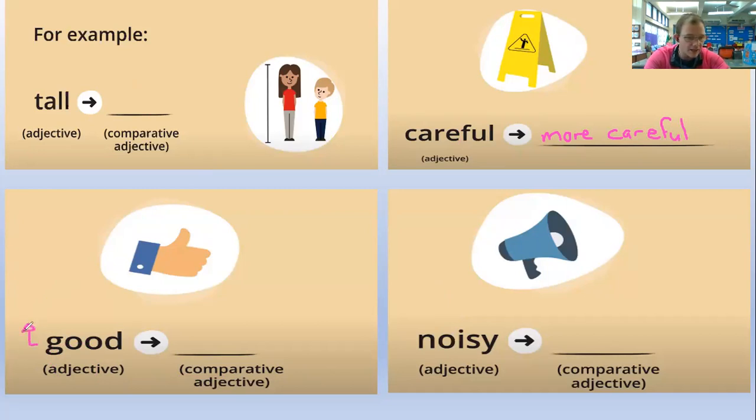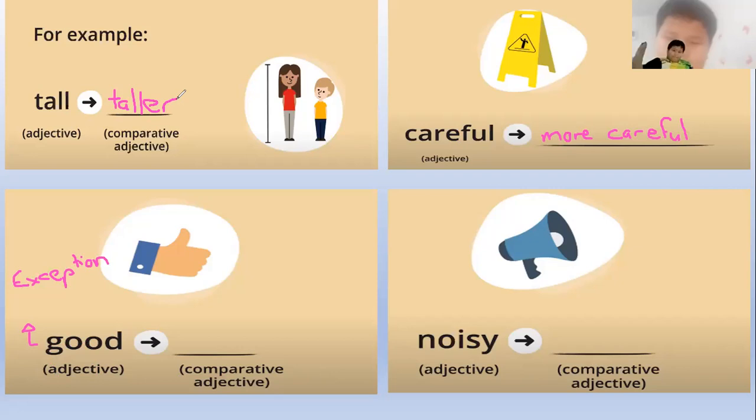Now the one over here, good. Good is an exception. What does an exception mean? It does not follow the rules. It has its own rule. And what is that? I think gooder.